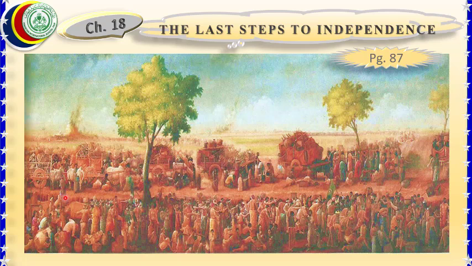A boundary commission was set up under the senior British judge Sir Cyril Radcliffe, helped by 2 Muslim and 2 Hindu judges, to decide exactly where the boundaries between the 2 new states should be. And after the boundary was decided, the Muslims migrated from India to Pakistan, and the Hindus and the Sikhs migrated from Pakistan to India.